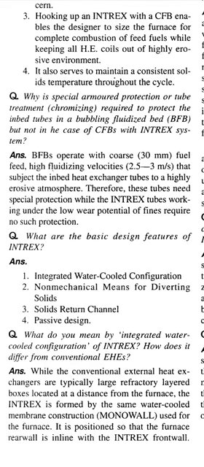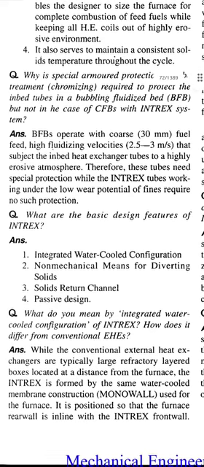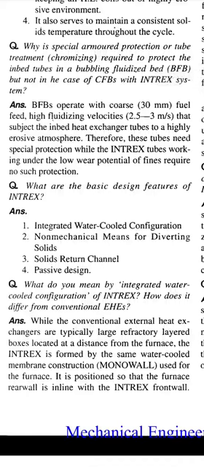BFBs operate with coarse 30 mm fuel feed and high fluidization velocities of 2.5 to 3 meters per second, that subject the in-bed heat exchanger tubes to a highly erosive atmosphere. Therefore, these tubes need special protection, while the Intrex tubes working under the low wear potential of fines require no such protection.